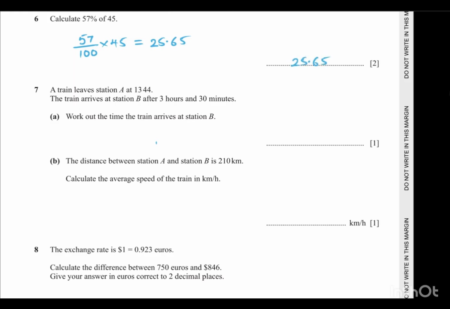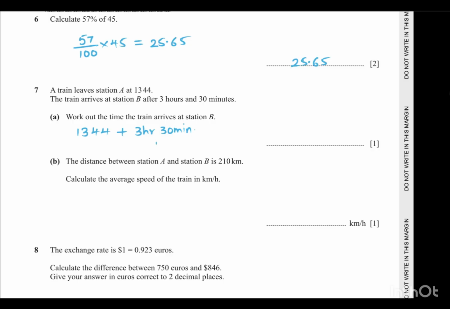Question 7. A train leaves station A at 13:44. The train arrives at station B after 3 hours 30 minutes. Work out the time the train arrives at station B. So we have to take the starting time 13:44 and add 3 hours 30 minutes.